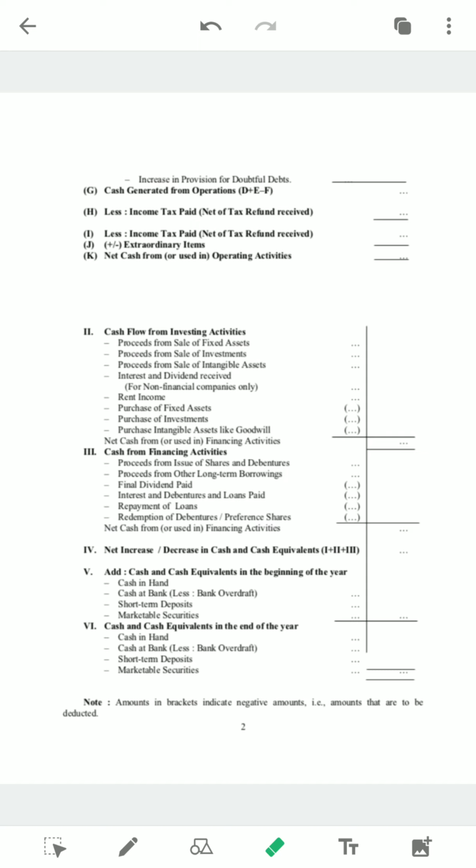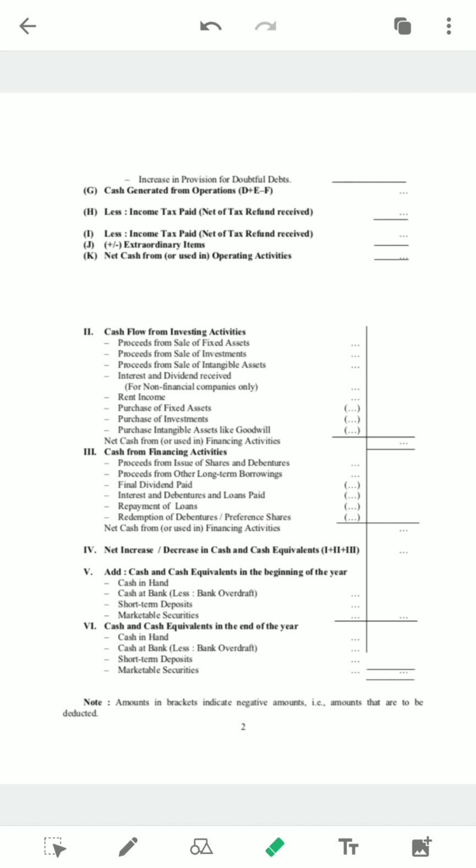Another thing, dividend received and interest received will come here too. They will be added here. I told you earlier that dividend received and interest received are deducted in the operating activities as non-operating income. The same amount will be added here.